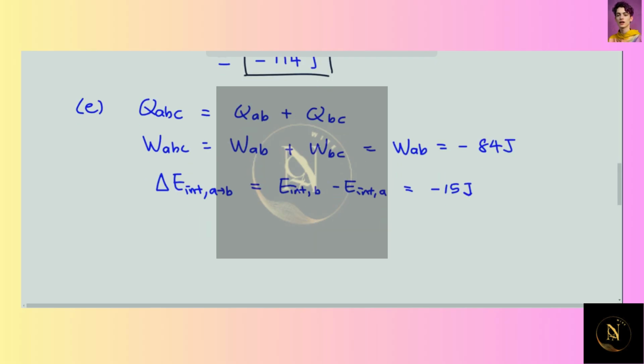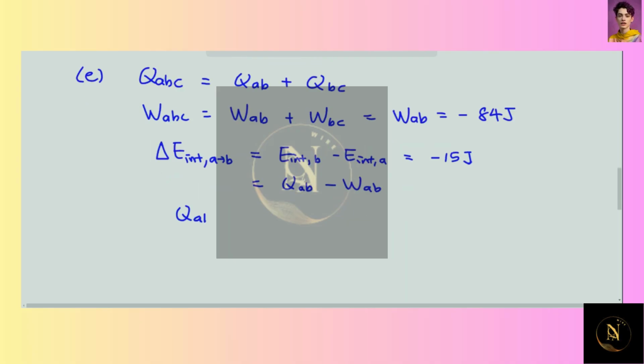And this is equal to QAB minus WAB. So we can find QAB to be delta E internal A to B plus WAB, which is negative 15 plus negative 84, and you get negative 99 joules.